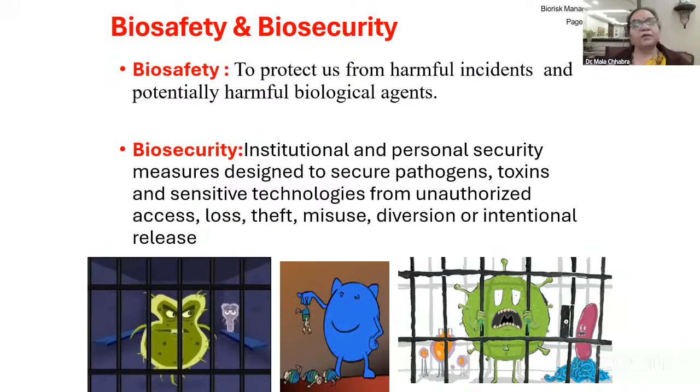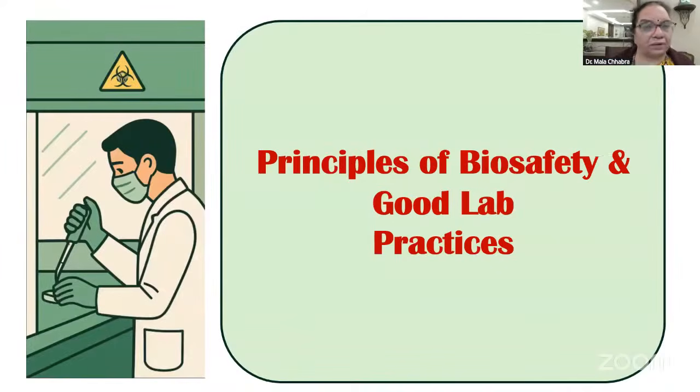So coming to the definition, biosafety is to protect us from harmful incidents or potentially harmful biological agents, whereas biosecurity is institutional and personal security measures designed to secure pathogens, toxins, and sensitive technologies from unauthorized access, loss, theft, misuse, diversion, or intentional release. Is that clear? So one is biosafety, another one is biosecurity.